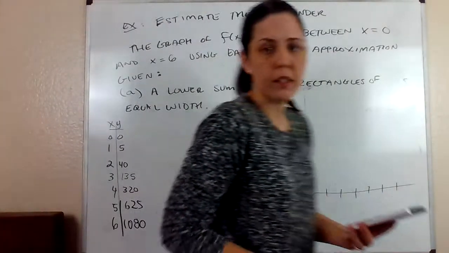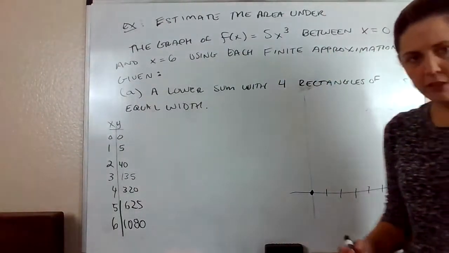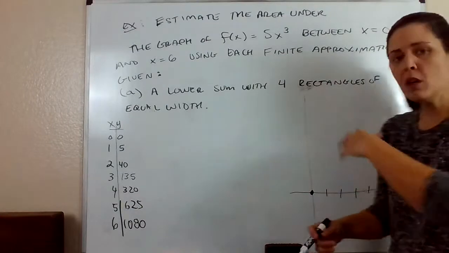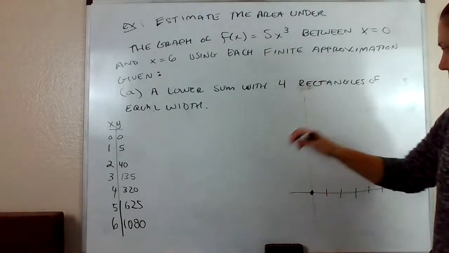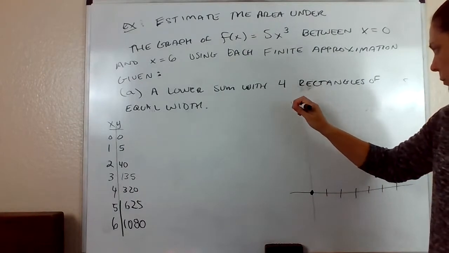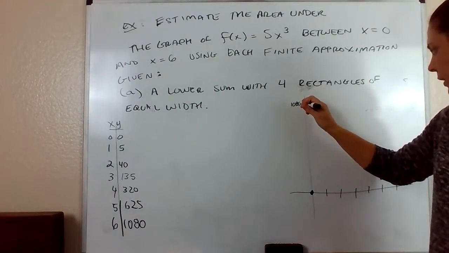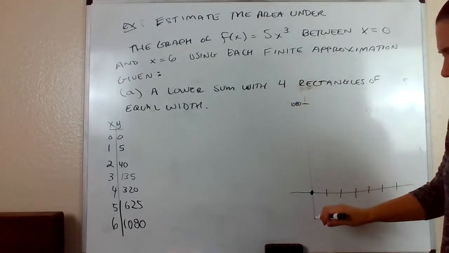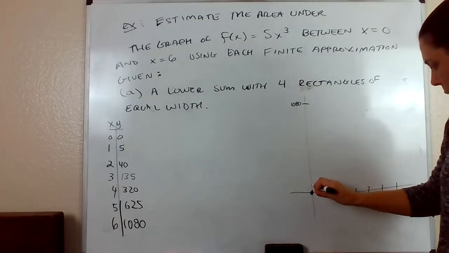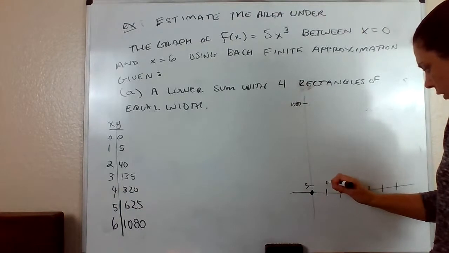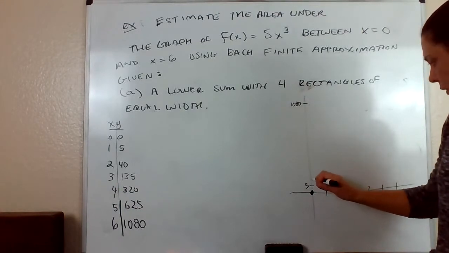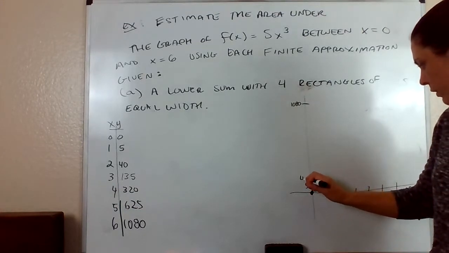Okay. Now I just want to do that because I want my graph, it's not going to look to scale, but I want to at least have the accurate values. So my highest number on here is actually pretty high. I'm just going to say that's 1080. Down here, we grow pretty small at the beginning. This is just like 5. So 1 gave us 5. 2 gave us a little higher at 40.